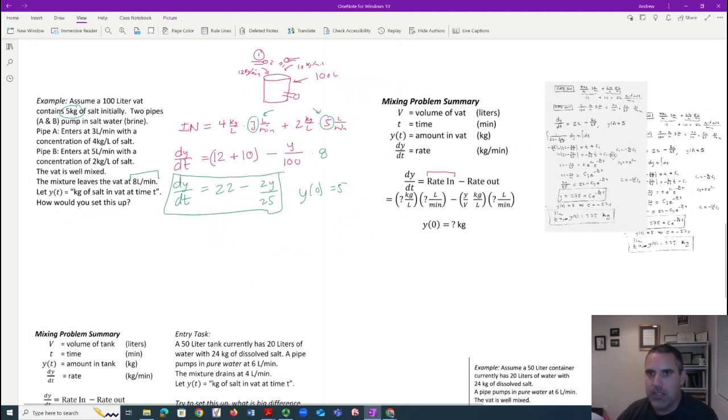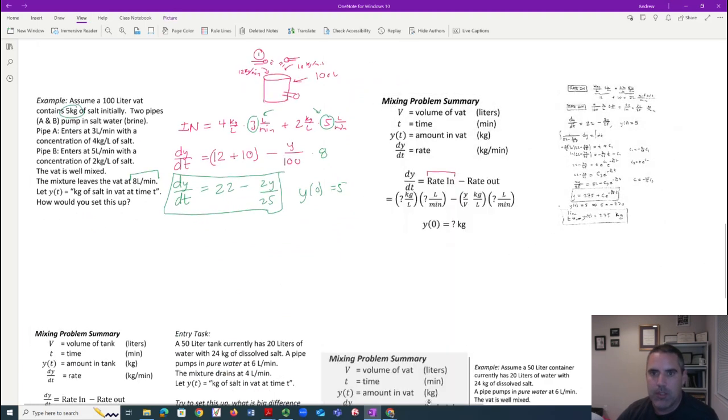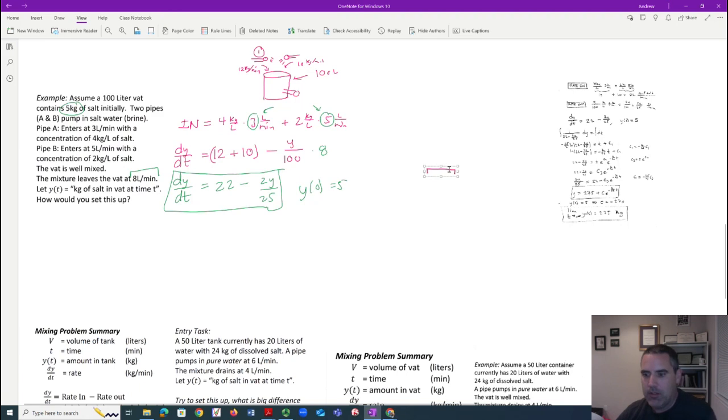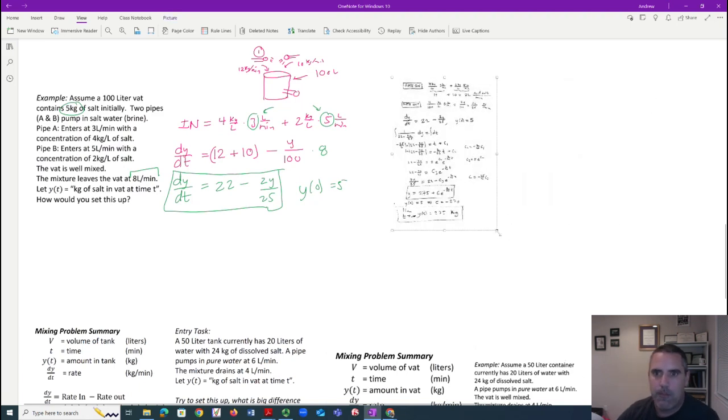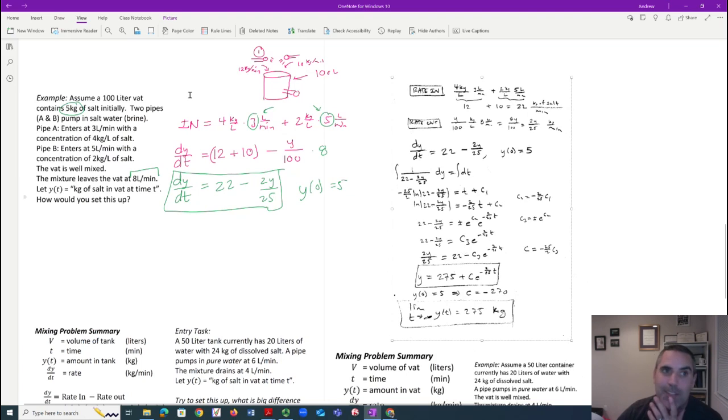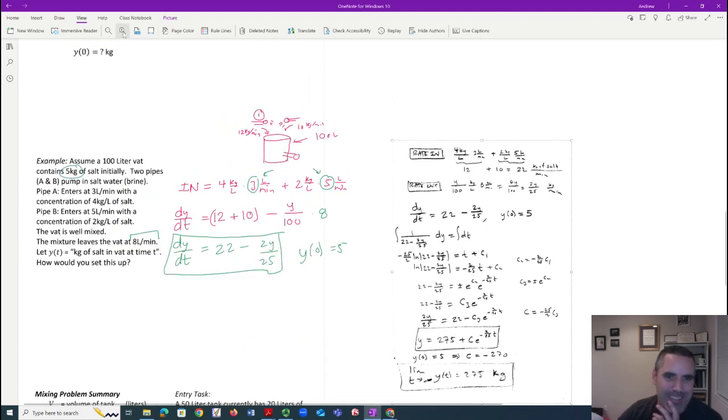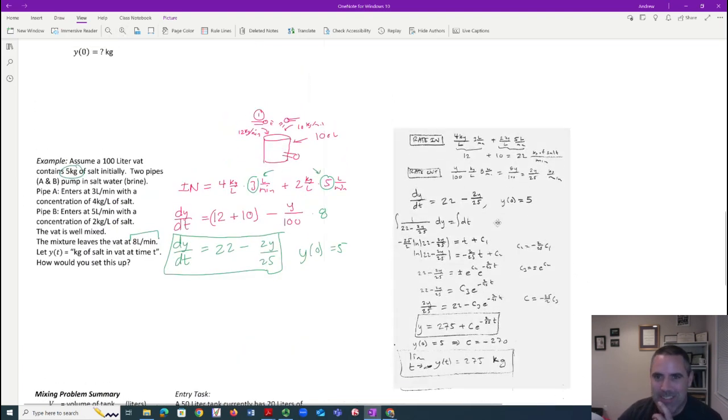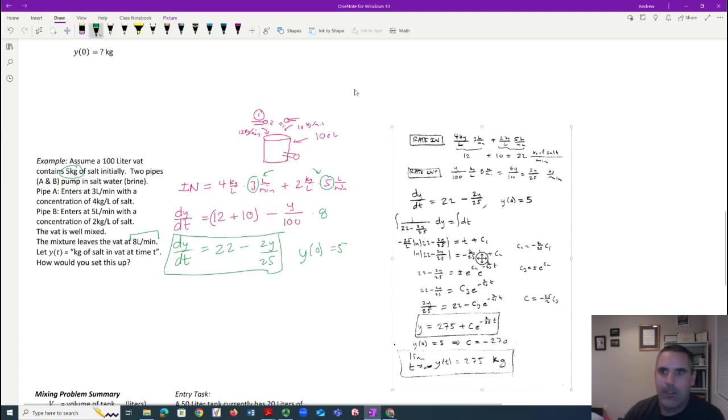Let's go look at my solutions. Like I said, I decided I wasn't going to move this down here. Let's look at my solutions from my notes. I wrote these a long time ago, probably more than 10 years ago, when I wrote this example. But you can see there's our setup.